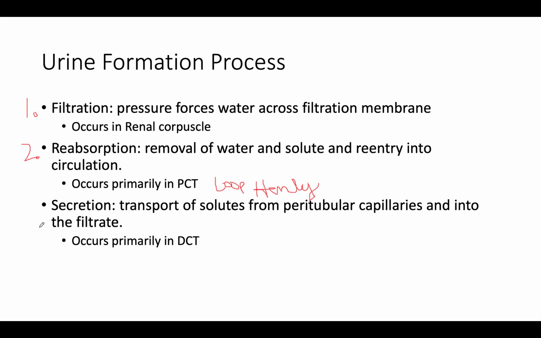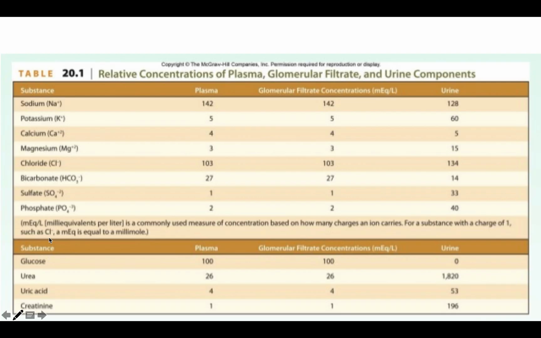All of what you just saw last slide is going to be secreted in the distal convoluted tubule. So you may see questions as far as which structure ammonia or urea is going to be secreted in during urine formation. All right, so you have to understand a little bit as far as what and where that is going to happen.